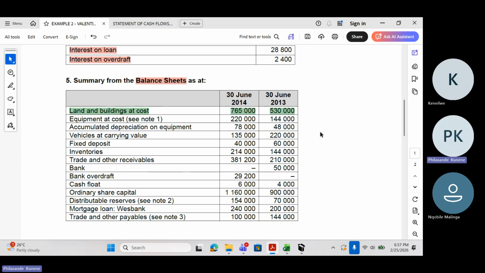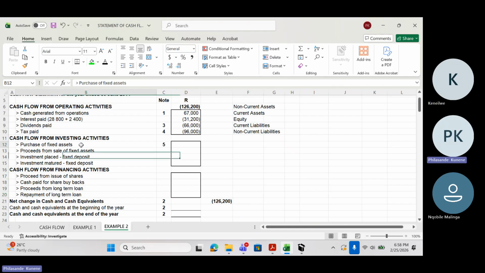How much are our additions? 235,000 rands. So under purchase of fixed assets, I know that I'm going to have 235,000 rands. That is the first purchase.